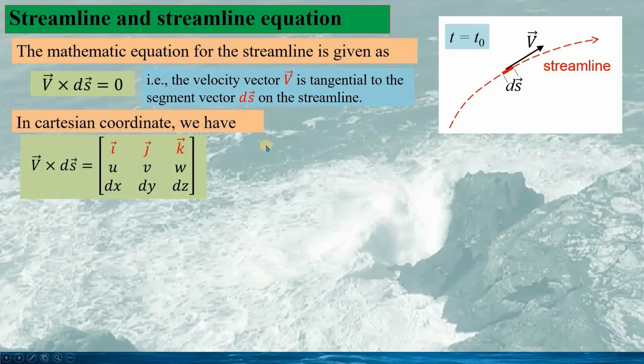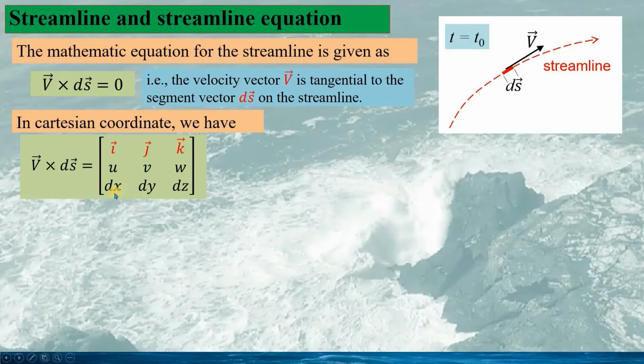In the Cartesian coordinate, we can calculate the cross product of these two vectors. It is calculated as the determinant given as this. Here, the unit vectors i, j, and k are the unit vectors along x-axis, y-axis, and z-axis, and the velocity component u along x-axis, v along y-axis, and w along z-axis.